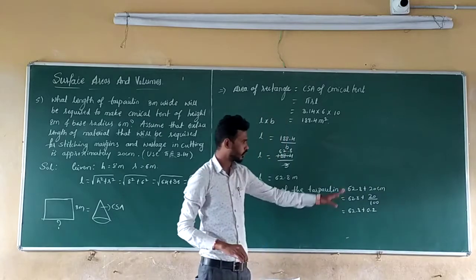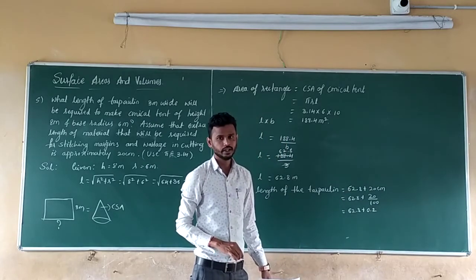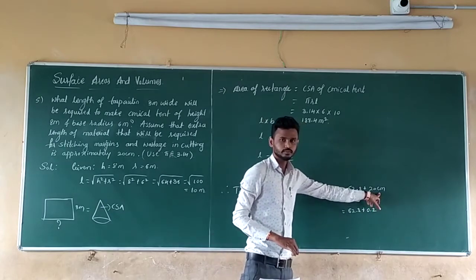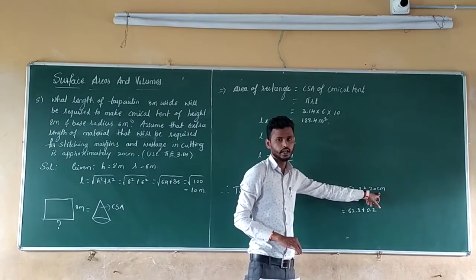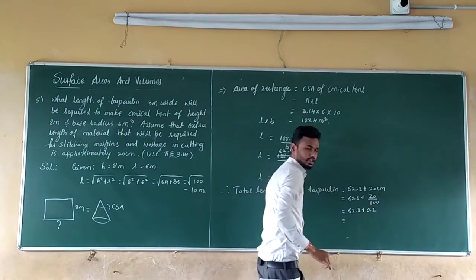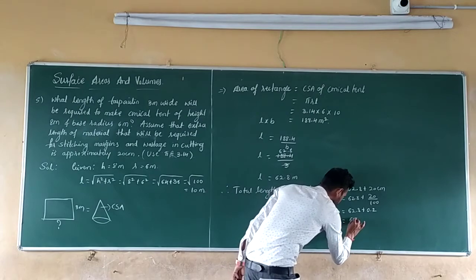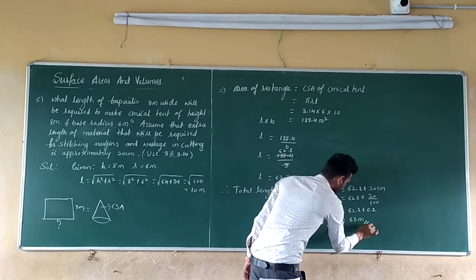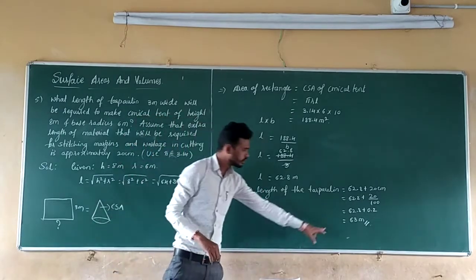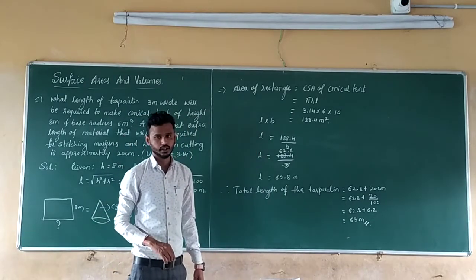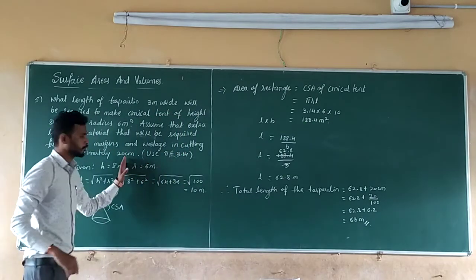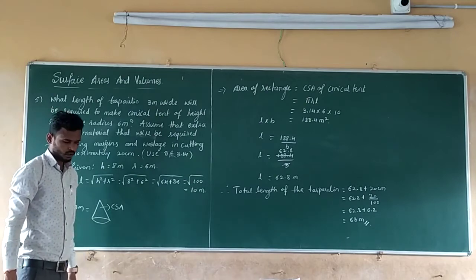So convert centimeter into meter: 1 meter equals 100 centimeter, or 1 centimeter equals 1 divided by 100 meter. So 62.8 plus 0.2, and you will get the answer 63 meter. So the total length of the tarpaulin is 63 meter. This is the solution of the fifth question. We see the next question.